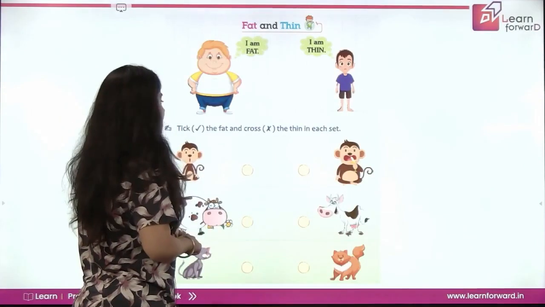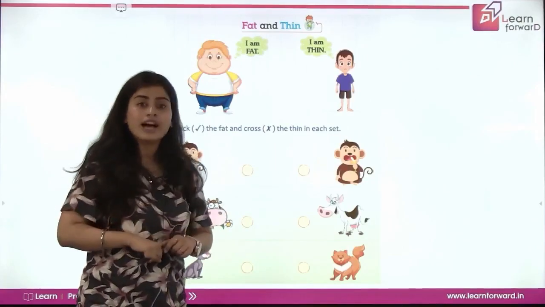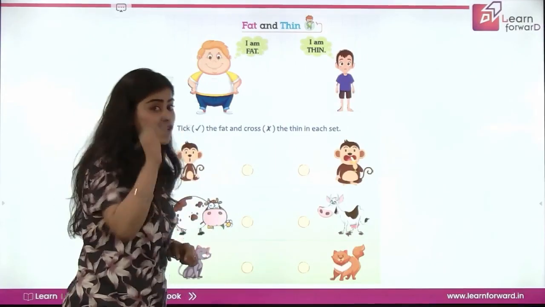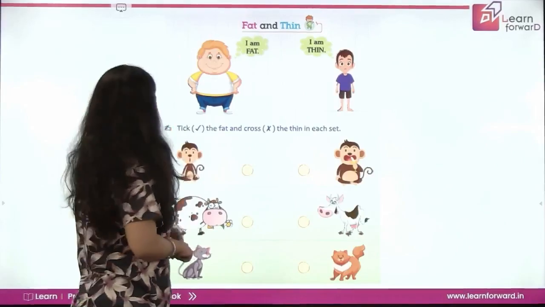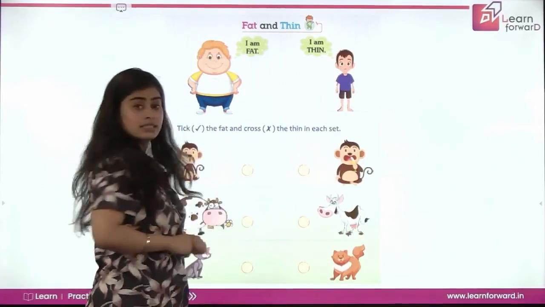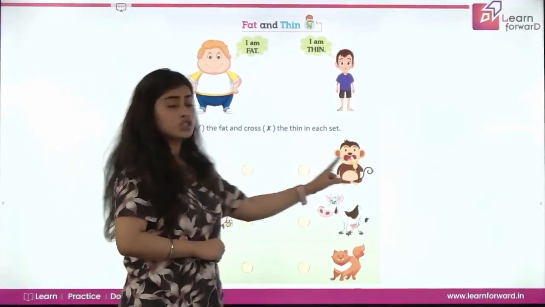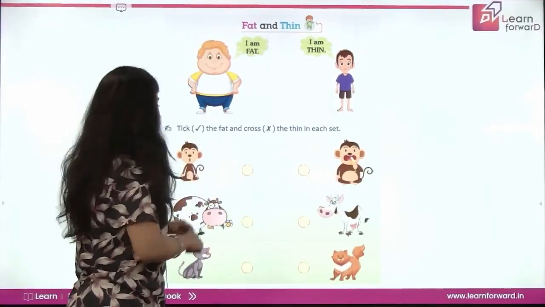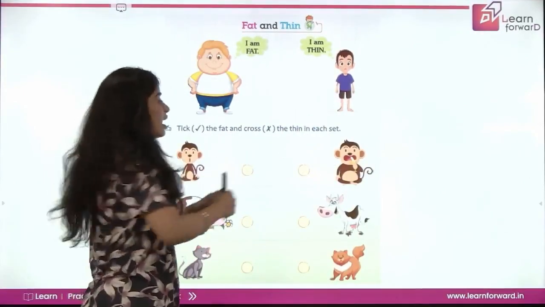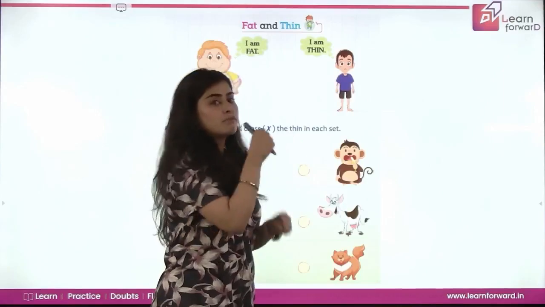Now we will do this activity. We have to put a tick mark on the fat things and a cross on the thin ones. There are two monkeys here. One is sitting here and the other monkey is eating bananas.